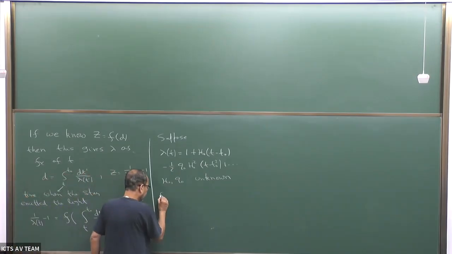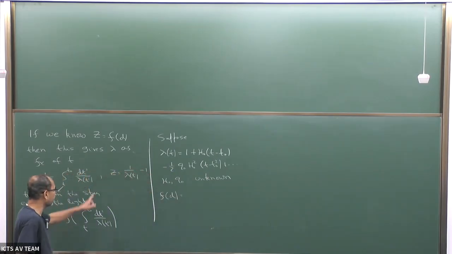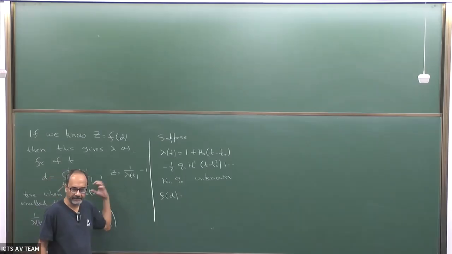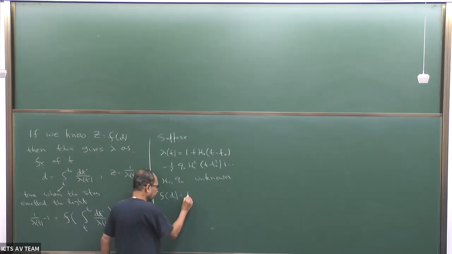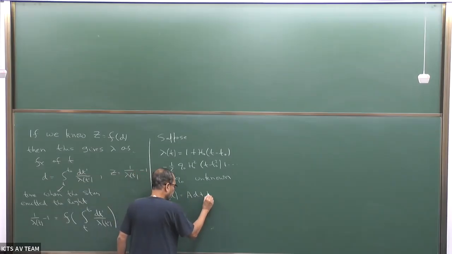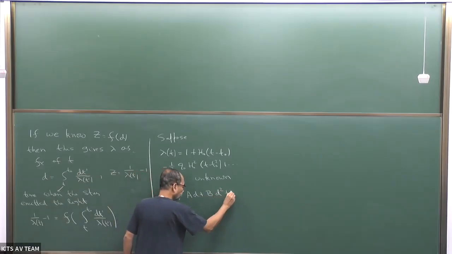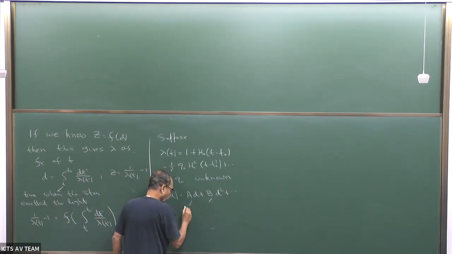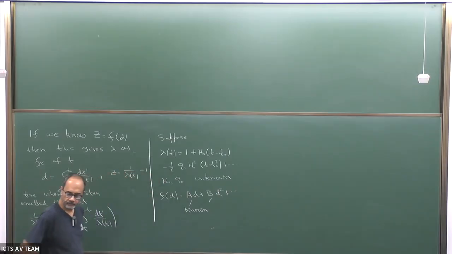And suppose further that f of d, this is distance versus redshift. So when the distance is 0, f is 0. That's the way we have defined redshift. So f of d has the structure a d plus b d squared and so on. So these are known. This is what to measure.